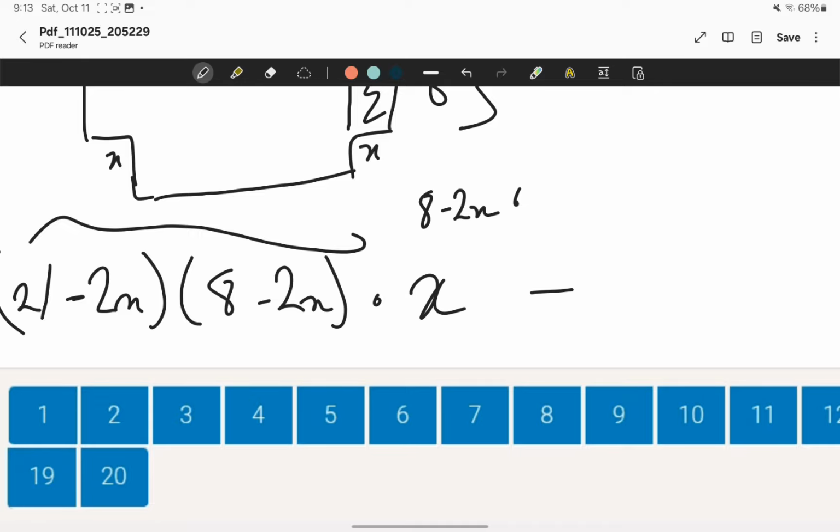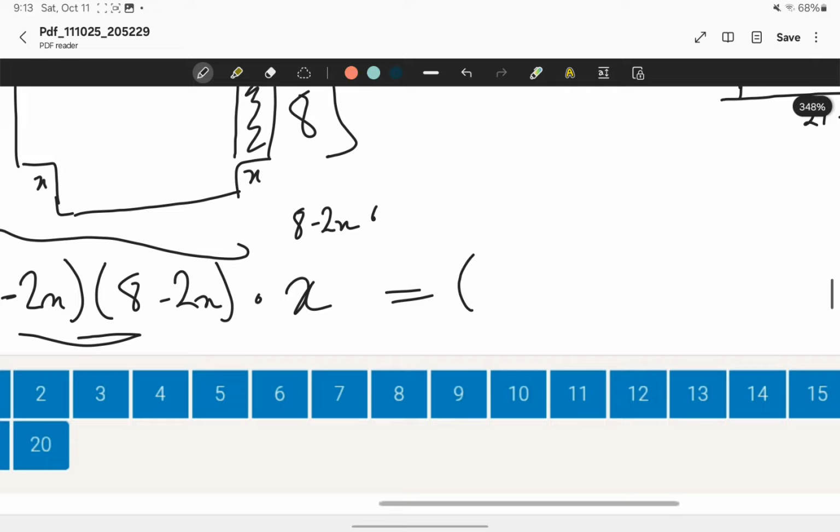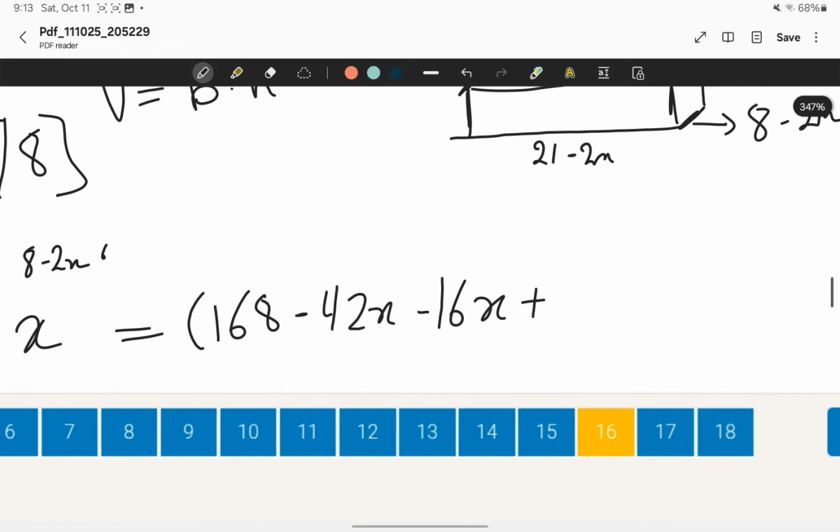Put x, and then you start distributing. Multiply these two together, you get 168 minus 42x minus 16x plus 4x squared, all of this times x.